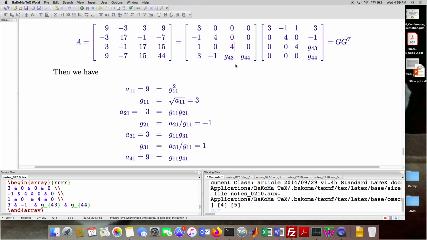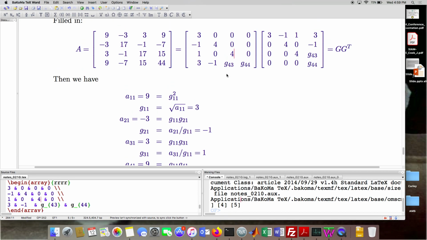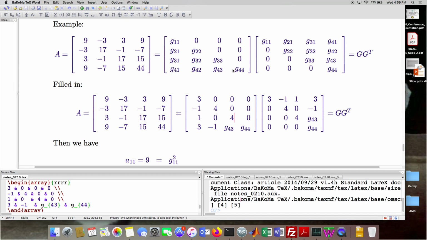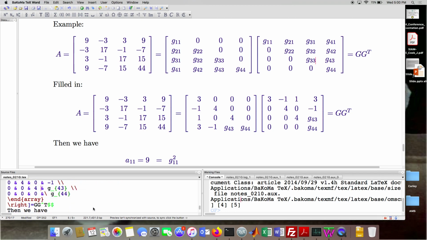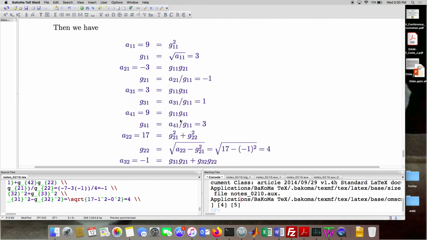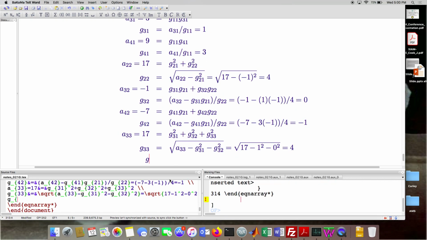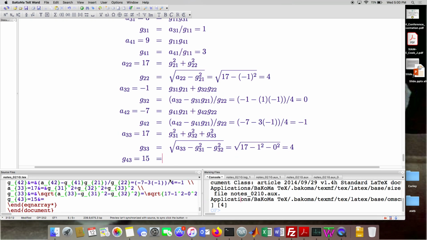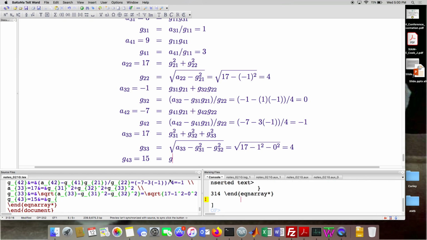Okay, and then we just have this one last entry in column 3. So for this entry, again, across the 4th row down the 3rd column, there are going to be 3 non-zero terms. So A43, which is equal to 15. Oh, it's supposed to be A, not G. Yes, A. Thank you.